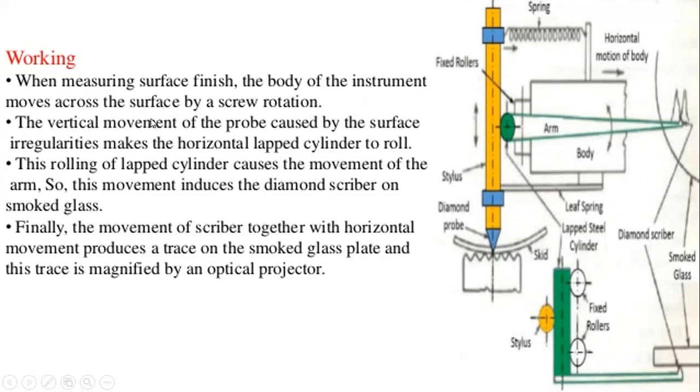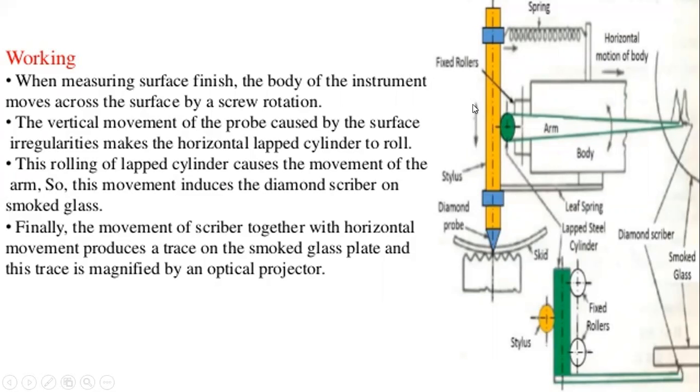Next, the vertical movement of the probe caused by the surface irregularities makes the horizontal lapped cylinder roll. So this is the workpiece to be tested, and whenever the surface has irregularities, the diamond probe moves the stylus in the upward and backward direction.